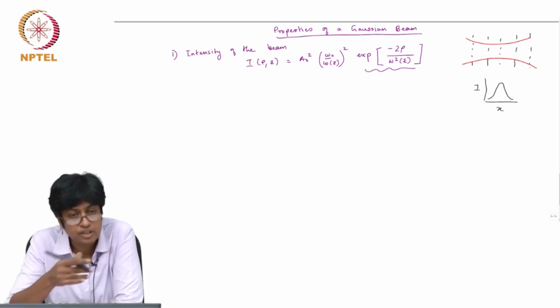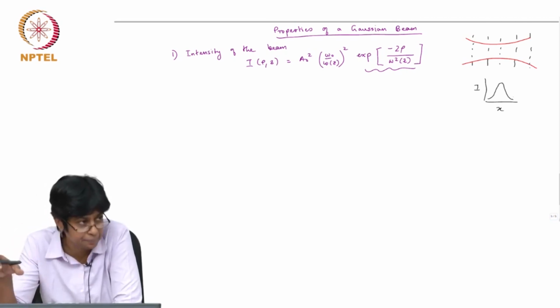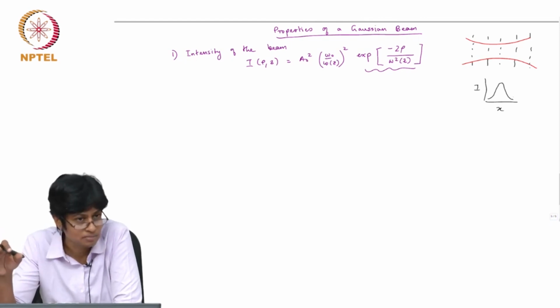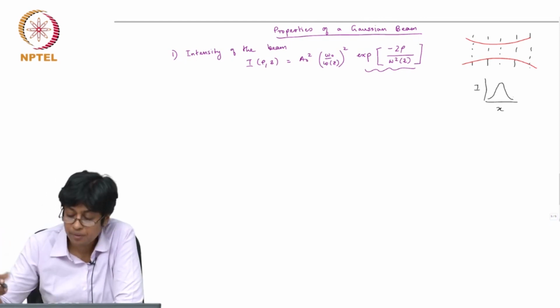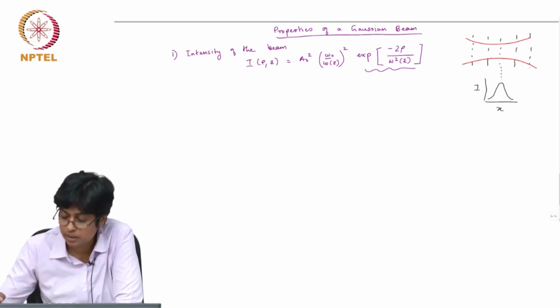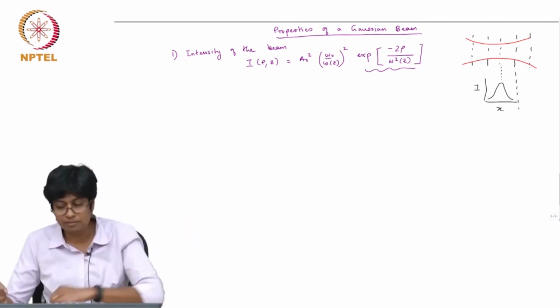What will change if I go to another plane is not the form, not the shape, but of course where the peak occurs, right? So if I'm at this plane where the minimum spot is, this is what I would get. But if I traveled further, the beam has diverged.